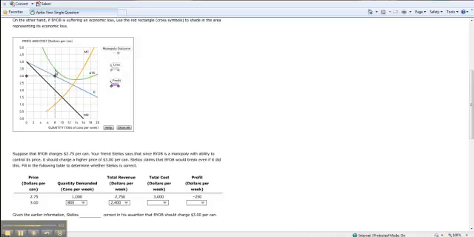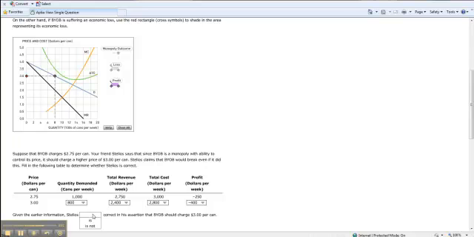So $3.50 times 800 is going to give us a total cost of $2,800. So as it is, total revenue minus total cost is actually going to give us a profit of a negative $400.